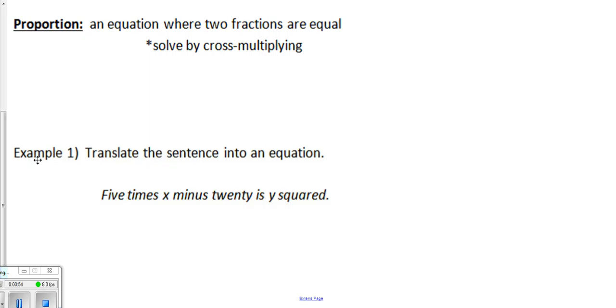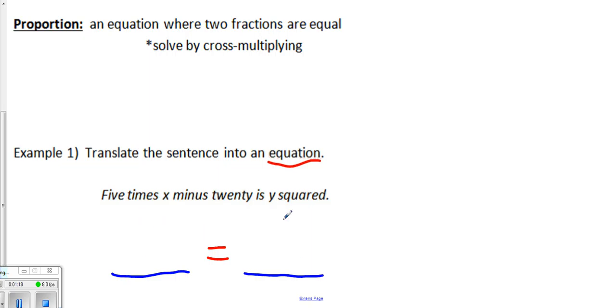So our first example, we're going to be talking about translating sentences into an equation. Now, remember, equations will have the equal sign. So equation, equal, we're going to have an equal sign in whatever we are talking about. Now, the equal sign always sets one statement on this side equal to one statement on this side.